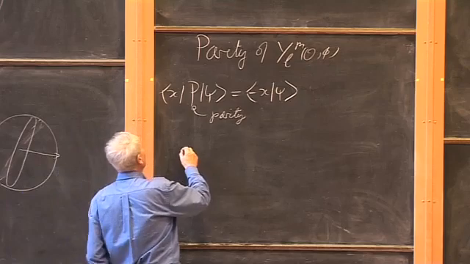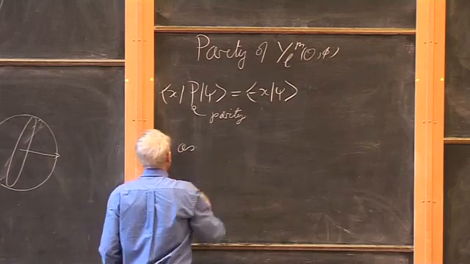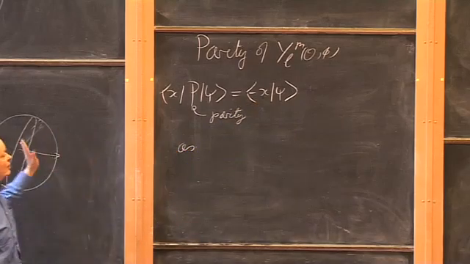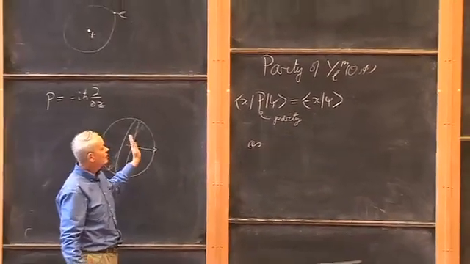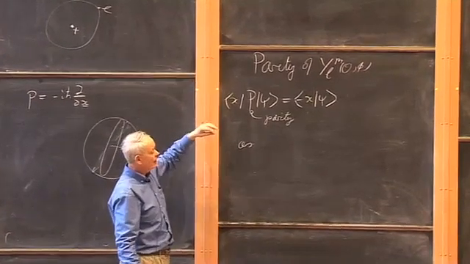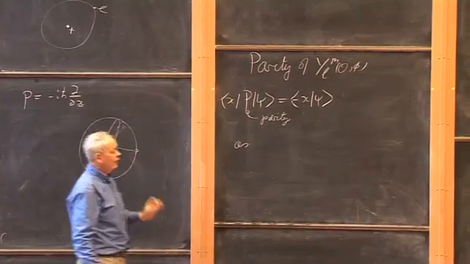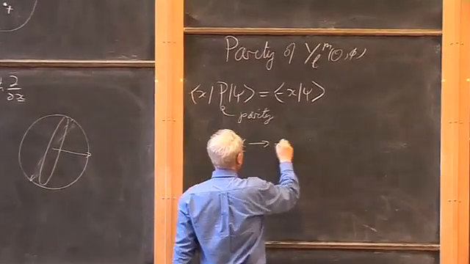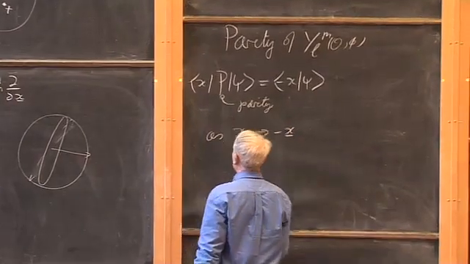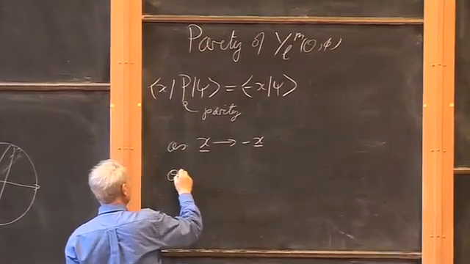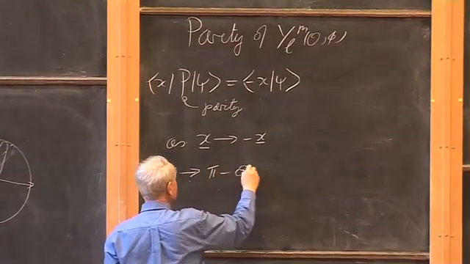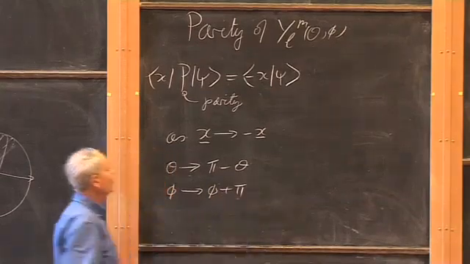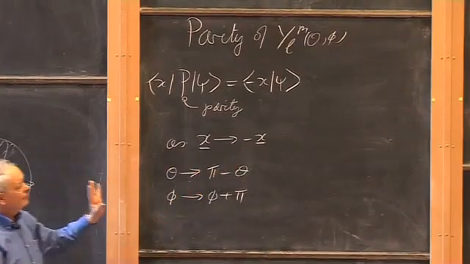Okay. So what we do now is, so this is sort of imagined in Cartesian coordinates. Since our Y's are all defined in terms of polar coordinates, we need to translate the operation of going from x to minus x into spherical polar coordinates. So as we go from x to minus x, it's easy to check that what happens is that theta goes to pi minus theta, and phi goes to phi plus pi. So this reflection action, you need a picture really.